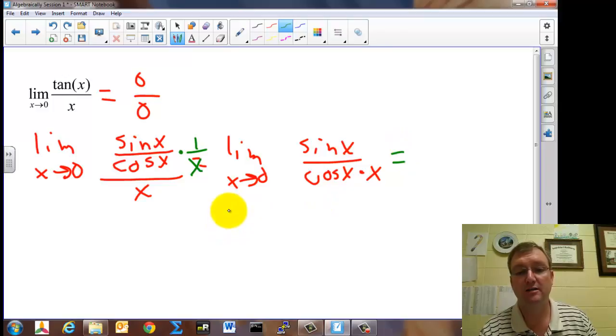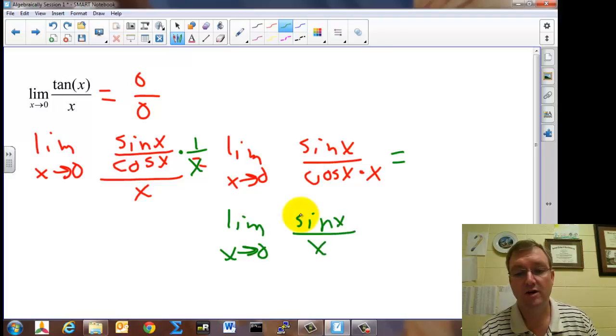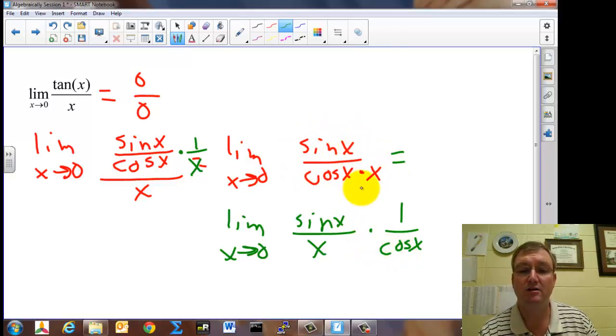Let's write it a little differently. We've got the limit as x approaches 0 of sine x over x times 1 over cosine x. Now, does what I just wrote here in green mean the same thing as what I wrote up here in red? If I multiply these two green things together, I get back to the red.